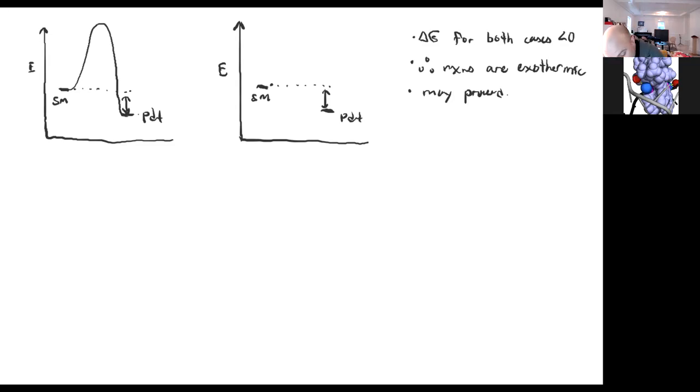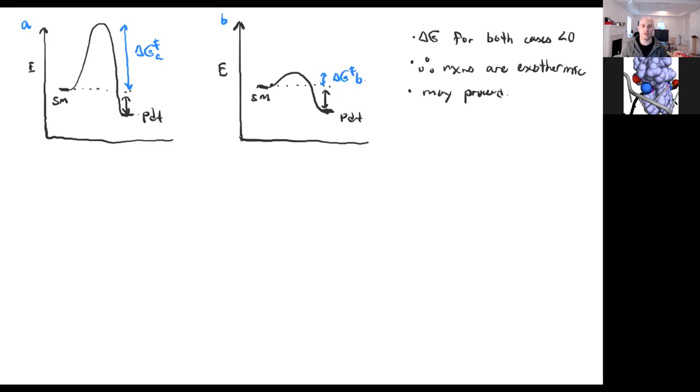If this were the 2-minute reaction that I was describing, we would say that it had a low activation energy. Okay, and so let me add some details here. So this is delta G double dagger. We'll call this A, and call this one B, and then this is delta G double dagger B.